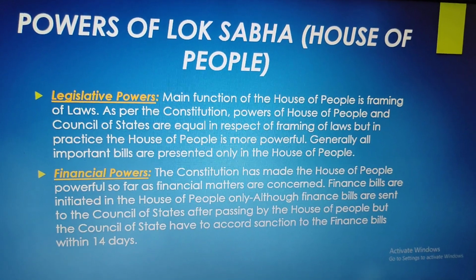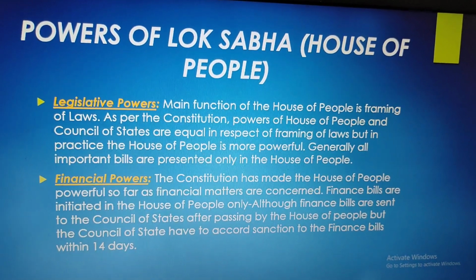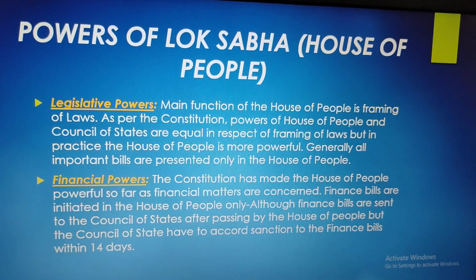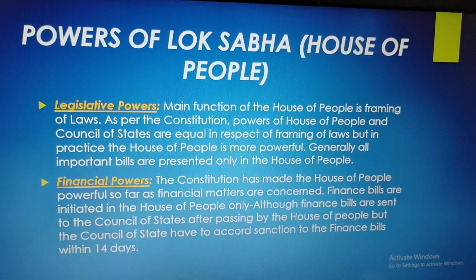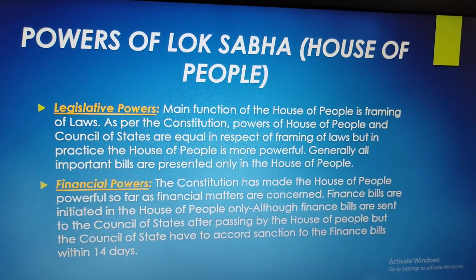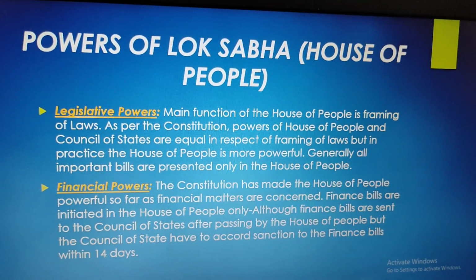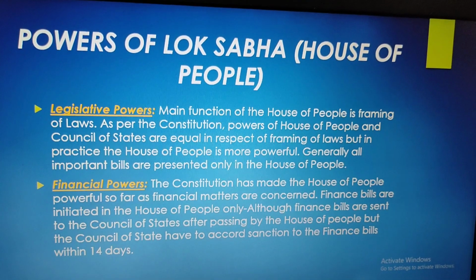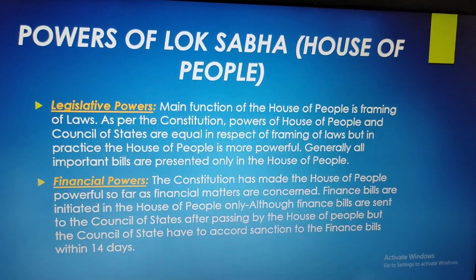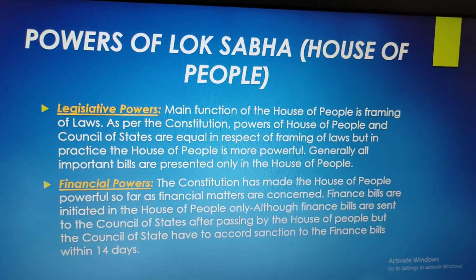Now, financial powers. The Constitution has made the House of People powerful so far as financial matters are concerned. Finance bills are initiated in the House of People only. Although finance bills are sent to the Council of States after passing by the House of People, the Council of States has to accord sanction to the final bill within 14 days, otherwise it is passed.